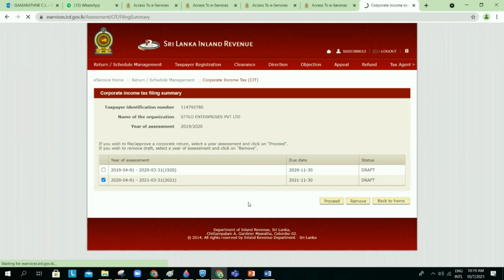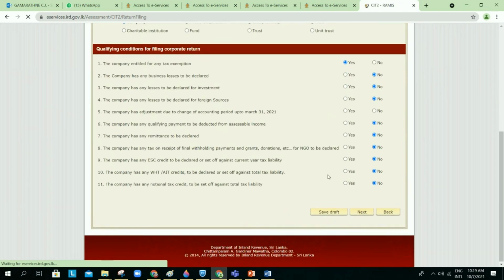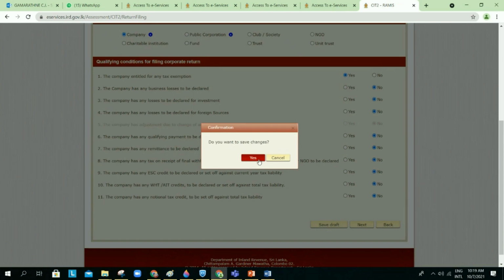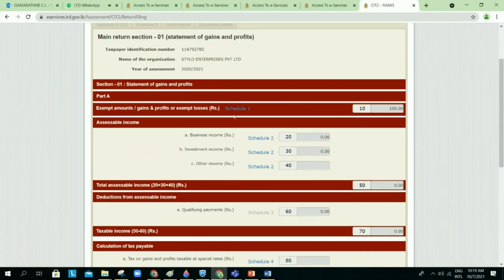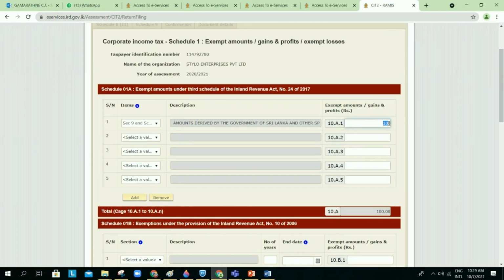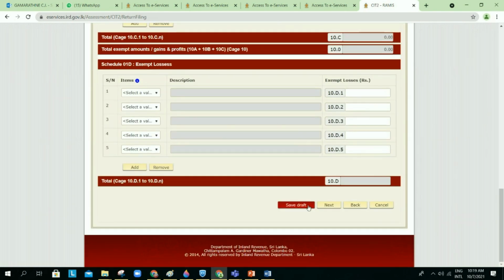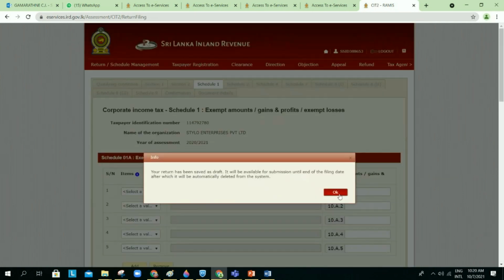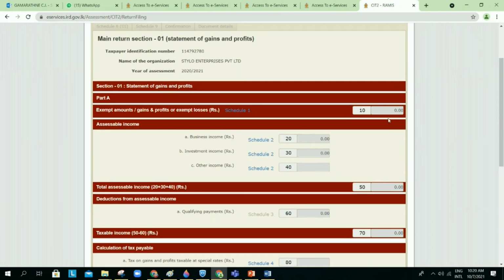Here, in the first one, I have entered 100 in the exempt schedule. Then I remove that, and this calculation happened. Then when I click save draft, it has been properly updated. Then I'll go to the main return, and you can see that this has been properly updated.